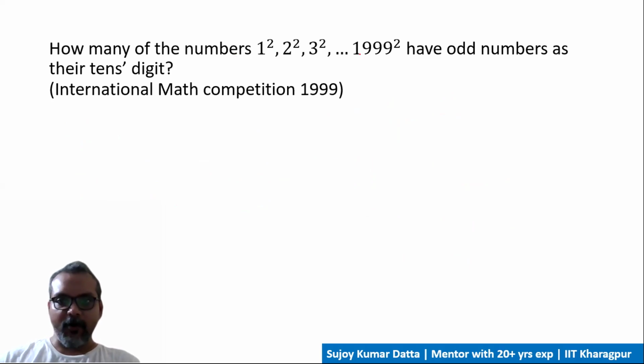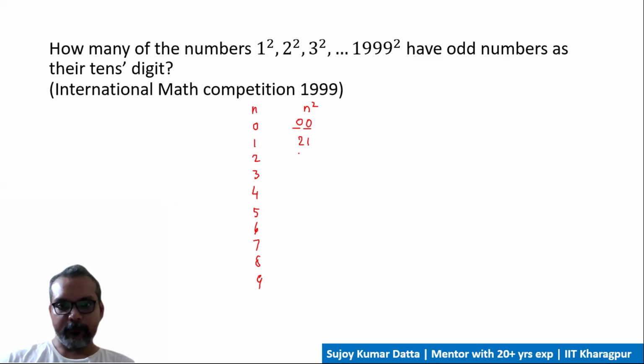So how many of these have odd numbers as their tens digit? So if you look at squares, so you have numbers which end in 1, 2, 3, 4, 5, 6, 7, 8, 9, and 0. If I square them, so I've written 2, 1, it could actually be any even number. Let's keep E for even.